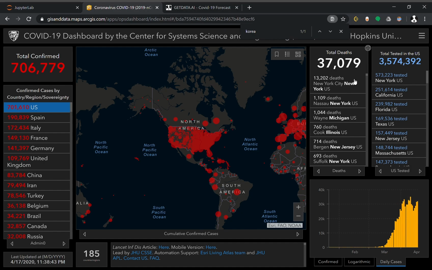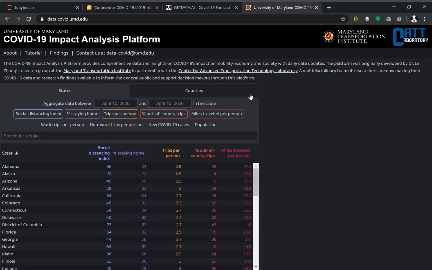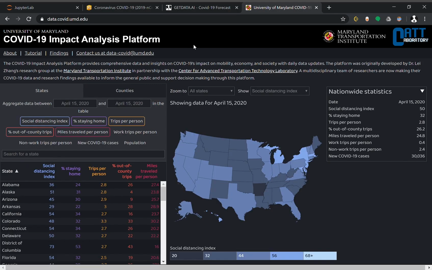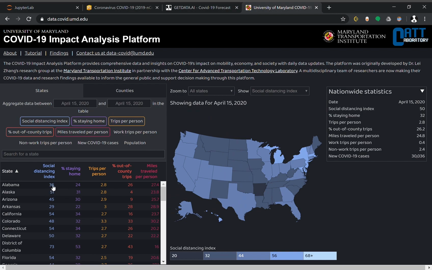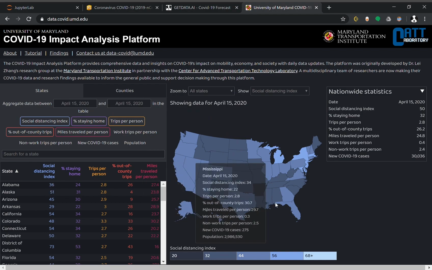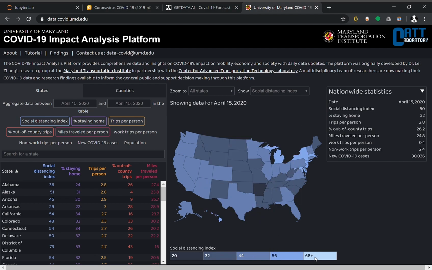Let me show you what that is. If you go to data.covid.umd.edu, this is a website that the University of Maryland has put out, and you can see their write-up on this as well. Basically, the states that have higher social distancing indexes, the lighter ones are social distancing and the darker ones are not. Those states that are lighter have had a lot of infection, so they're starting to social distance.